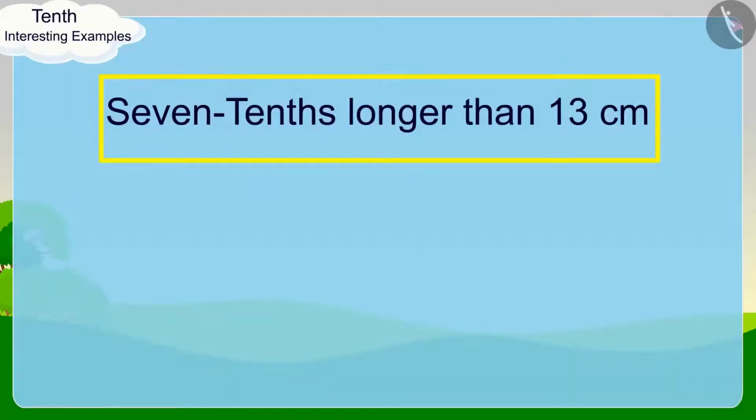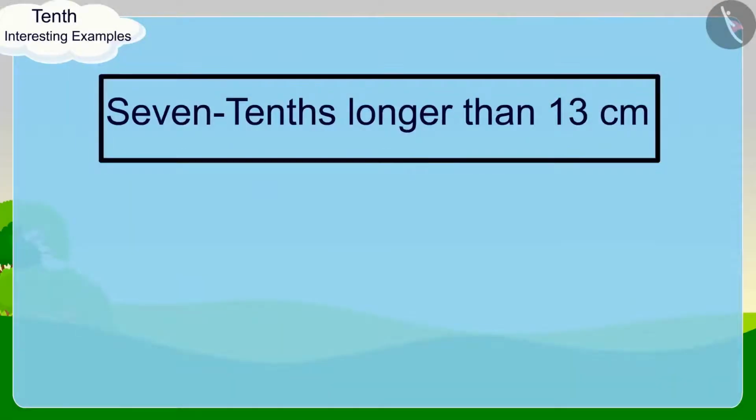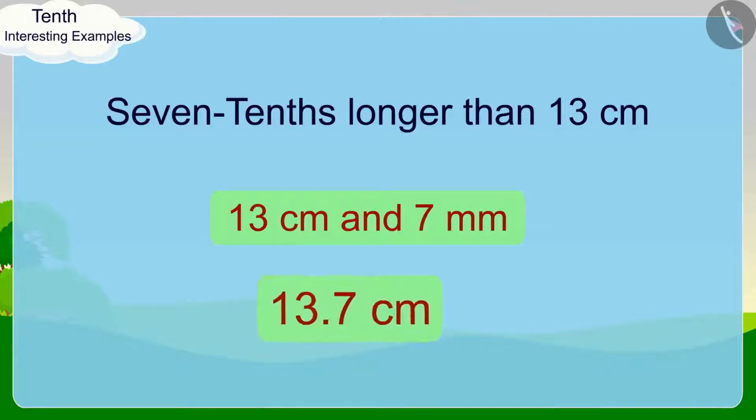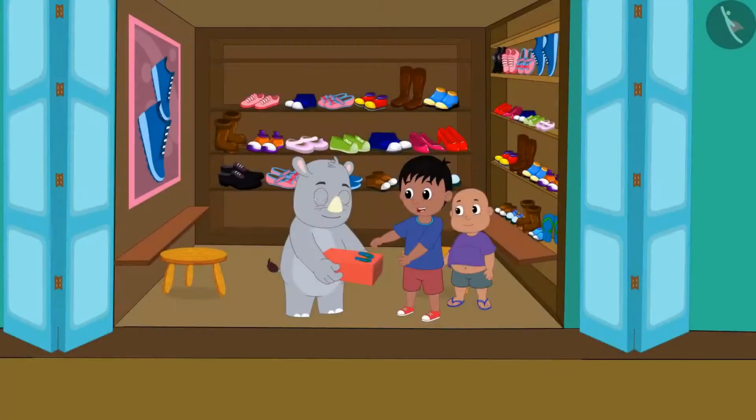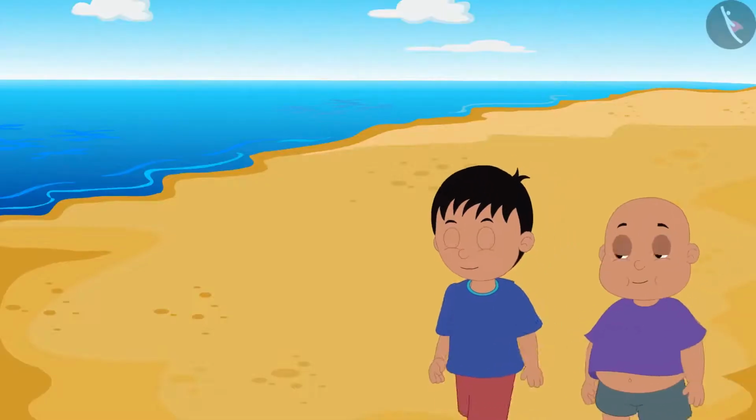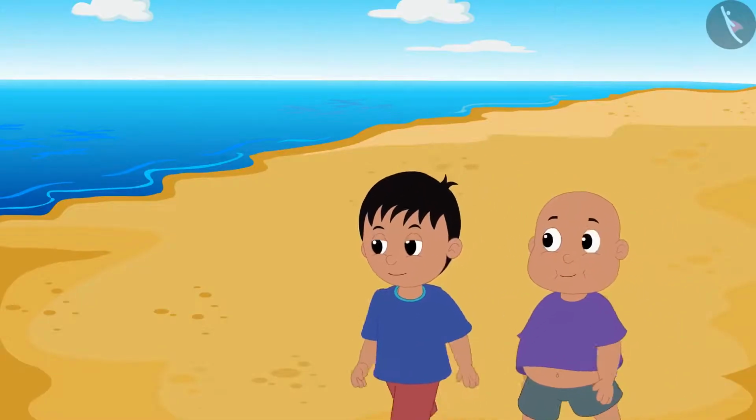Bablu's foot's measure is 7/10 longer than 13 centimeters. This means Bablu's foot's measurement is 13 centimeters and 7 millimeters, or 13.7 centimeters. Raju and Bablu bought their new slippers and happily went for a walk on the beach.